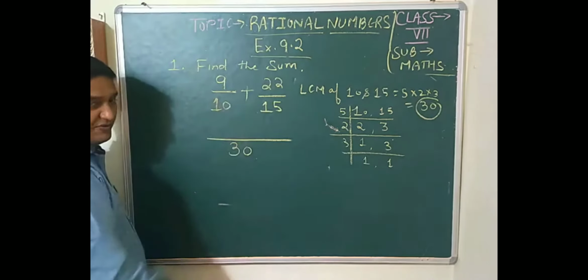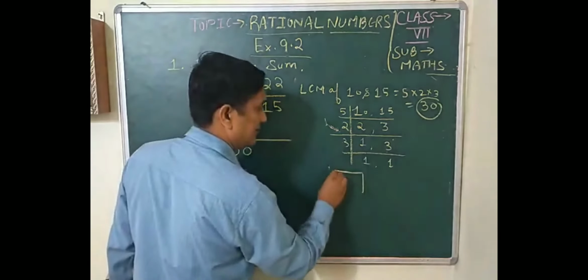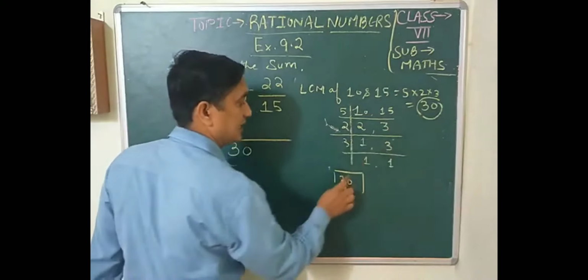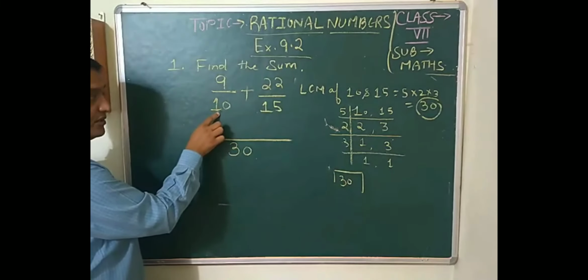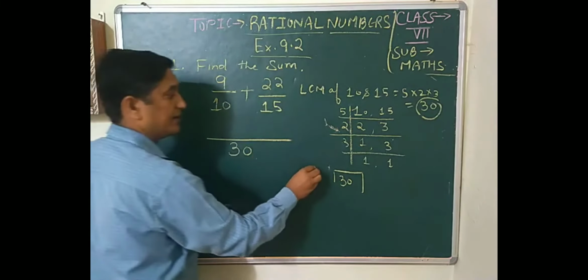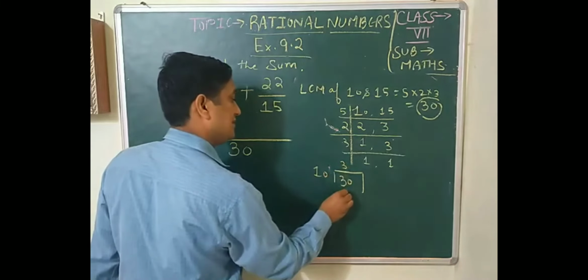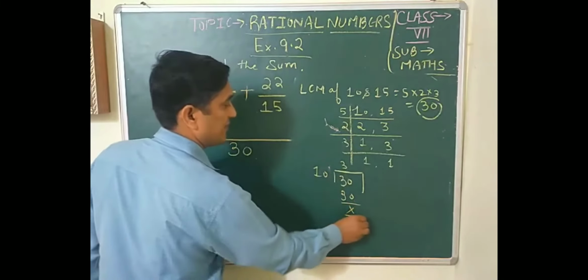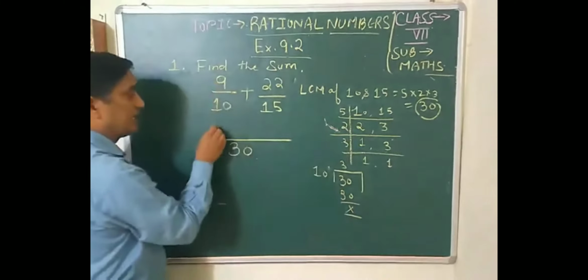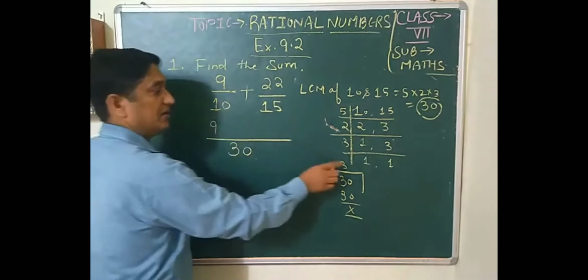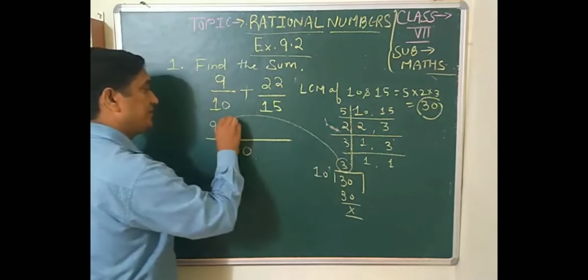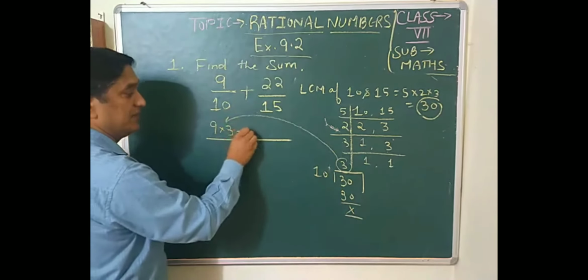Now the same steps we will follow. Divide this LCM 50 by the first denominator of the rational number, 10. 10 5s are 50. Now we have to multiply this numerator and this quotient. Then plus.